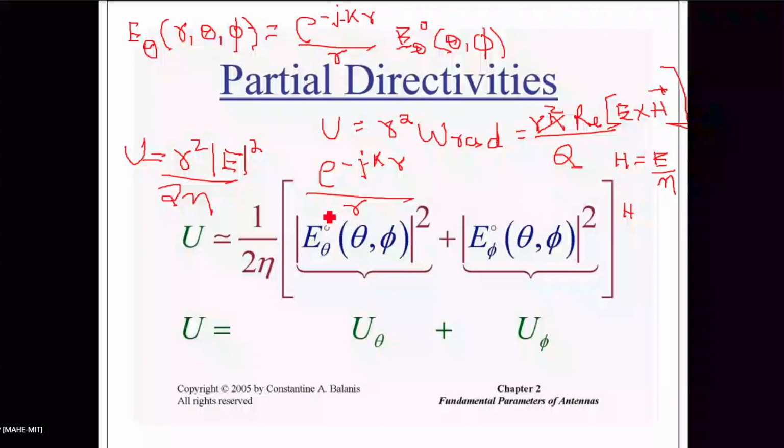Okay. So you get E theta naught square of theta phi and E phi naught. Similarly, E phi of r, theta, phi is e raised to the power of minus jkr by r, E phi naught of theta phi. Have you understood this? This is very important to understand.